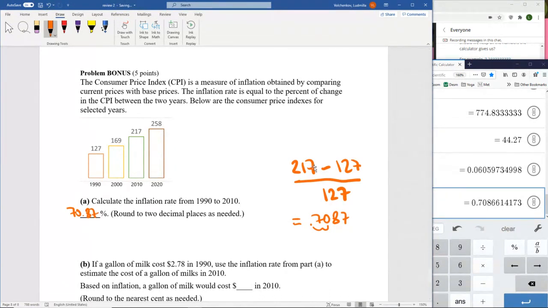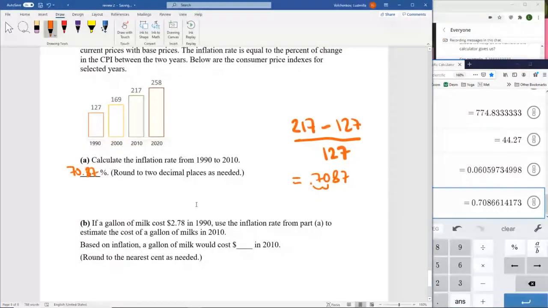70.87%, the inflation rate. So if a gallon of milk costs $2.78 in 1990, use the inflation rate from part A to estimate the cost of a gallon of milk in 2010.